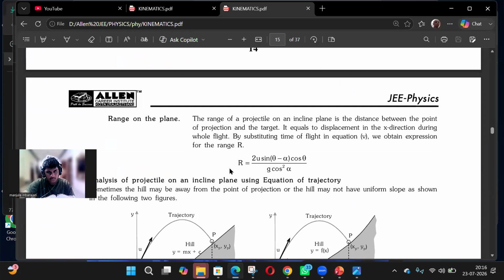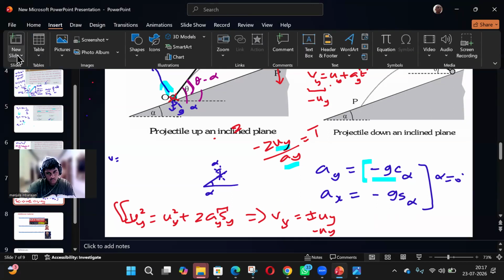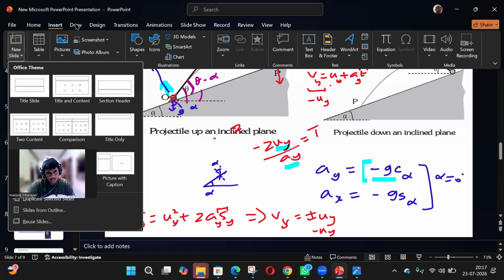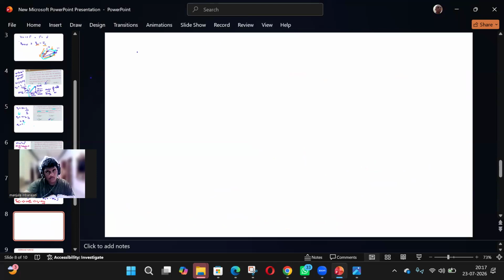So the range is s equal to ut plus half at square in the x direction. u is known, flight time is known, acceleration is known, so everything is known. In the x direction, s is equal to ut plus half at square.